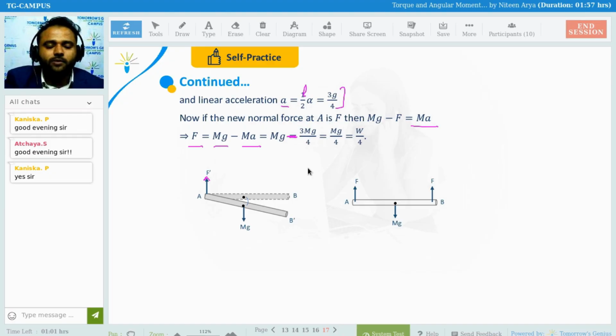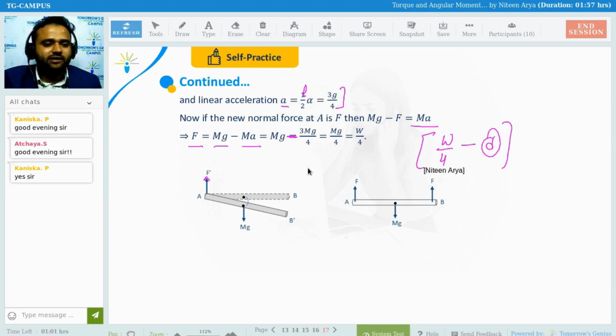So the answer is mg by 4, where mg is the weight. Is this clear? So in this manner you can find this. Yes, the correct answer is D, but that is the process to find D. Clear everyone? Clear now? Good.